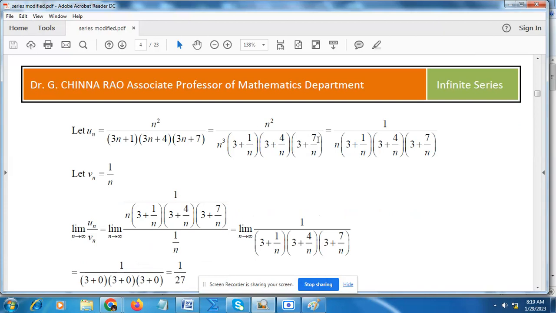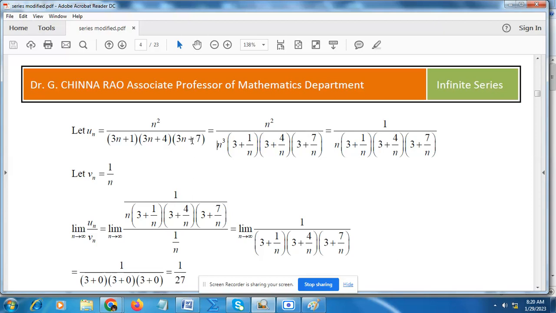This is step 1, right? After that, you have to take the higher power of n. That is, the numerator is n square, no problem. And in the denominator, take n common and pick out the higher power of n. Here n taken: 3 plus 1 by n. Here n taken: 3 plus 4 by n. Here n taken: 3 plus 7 by n. And n cube. For these three terms, we have three n's.